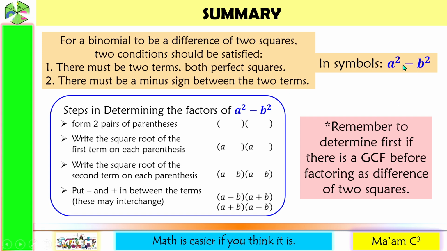In symbol, a squared minus b squared, difference of two squares. And I have shown you step by step how to factor a difference of two squares. And remember, the first thing that you have to do is to factor out a GCF, if there's any, before factoring it as a difference of two squares.